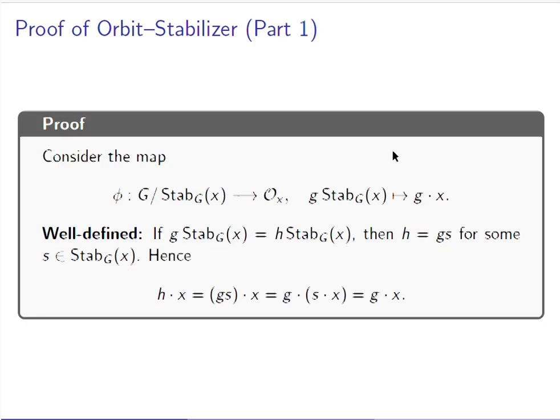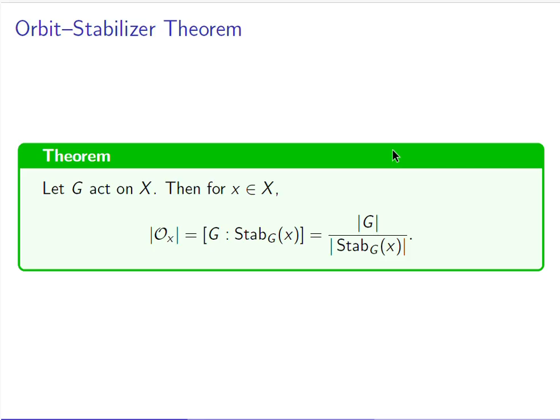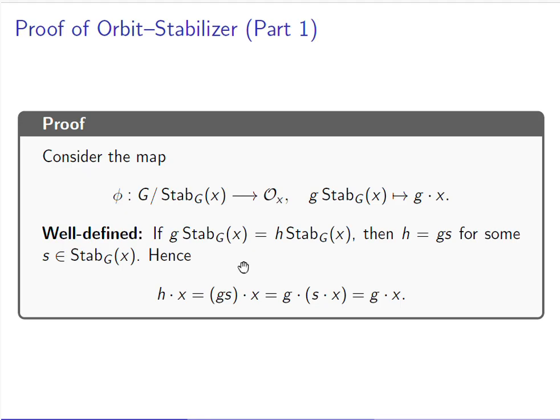We were trying to prove the orbit stabilizer theorem, which says essentially that if you pick any element x in your set X, the size of the orbit is equal to the index of the stabilizer of x in G. To prove that, you show there is a bijective map between the set of cosets of the stabilizer of x in G and the orbit of x.